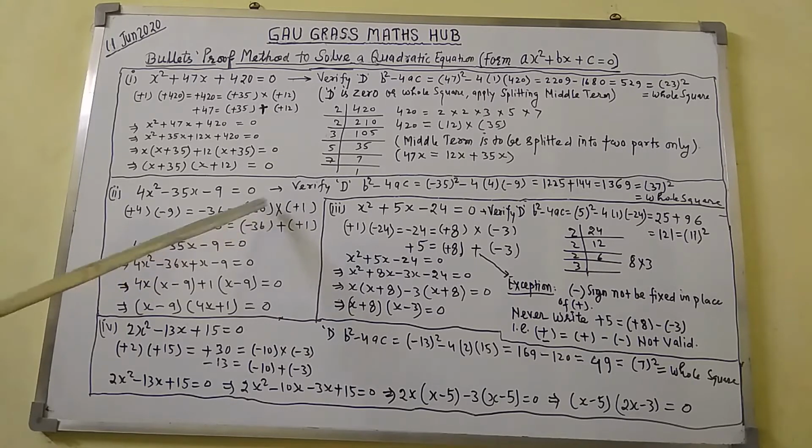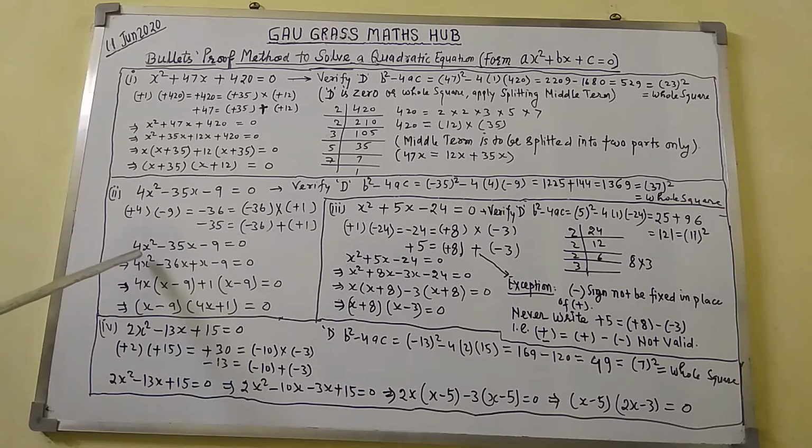Now if you multiply minus 36 and plus 1, you will get minus 36. The sign will be either plus or minus depending on this factor. If you put a plus sign, you can easily get the desired value: minus 36 plus 1 gives minus 35.